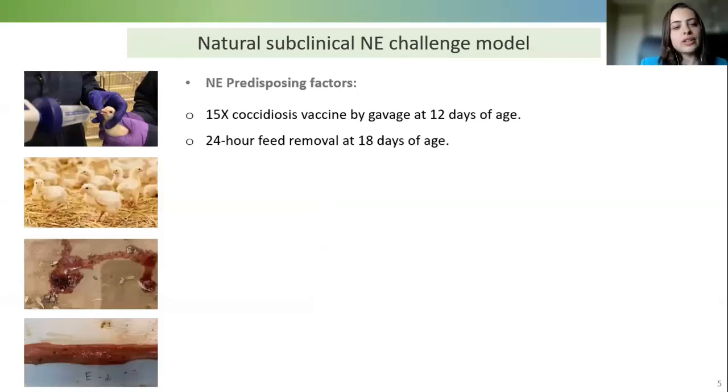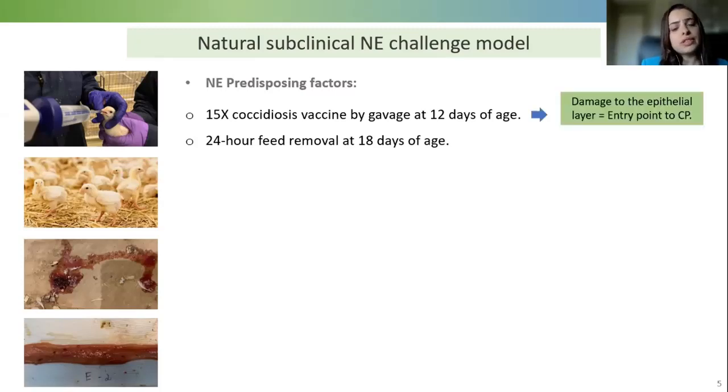To test the efficacy of our products in preventing necrotic enteritis, we applied a natural subclinical necrotic enteritis challenge model. To induce necrotic enteritis, we selected 2 predisposing factors. For the first, we applied 15 times the recommended dose of coccidiosis vaccine by gavage at 12 days of age.